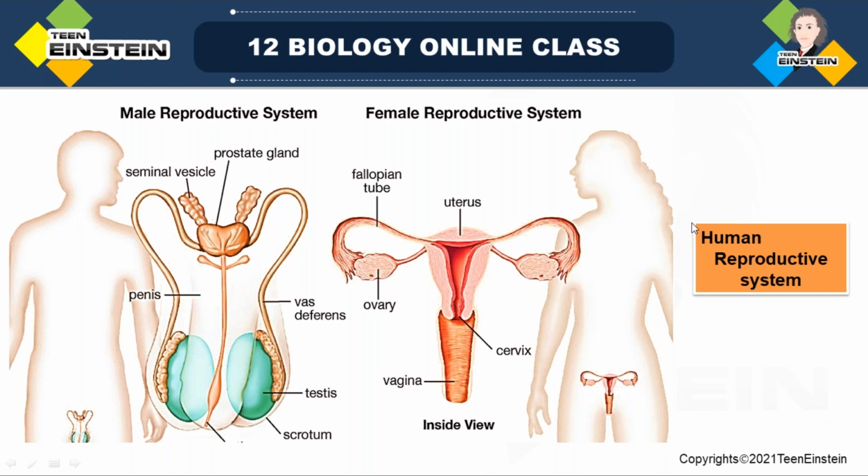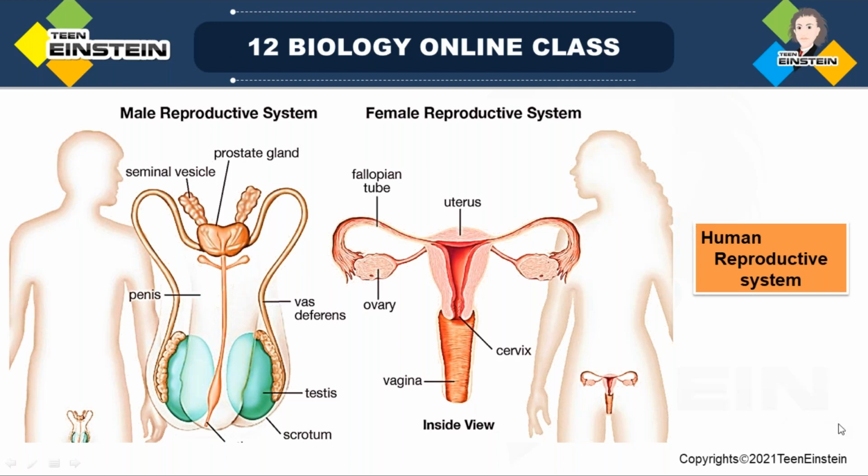Sertoli cells will give nutrition to the dividing germ cells. Okay. And the Leydig cells will secrete the testicular hormone called androgen. And the external genitalia in male is the penis. Okay. And the female reproductive system.